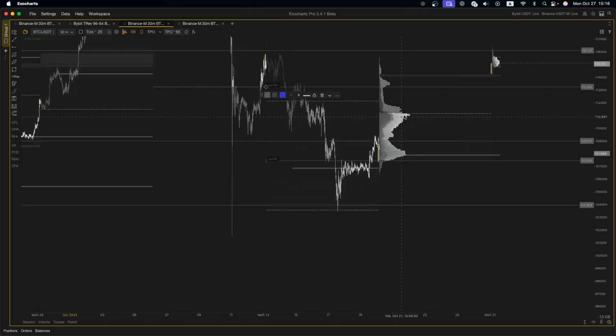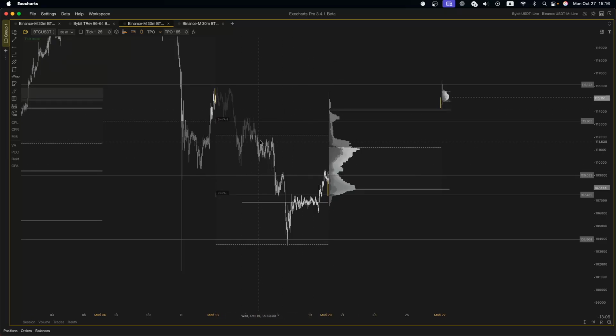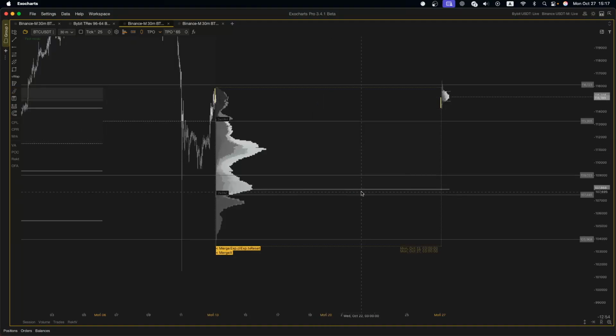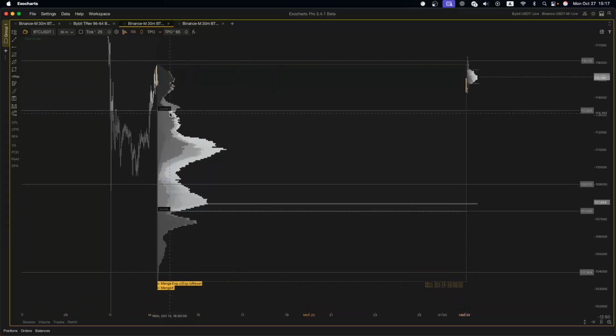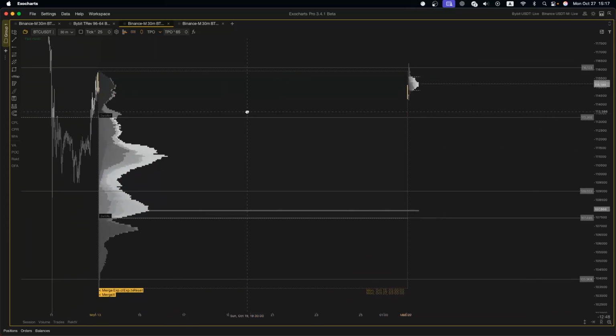And now, as you can see, we have formed a 2-week composite, right? If we merge this week and this week, you can see the 2 weeks overlapping. Let's merge them, merge TPO, and we have a pretty solid 2-week value to play around.